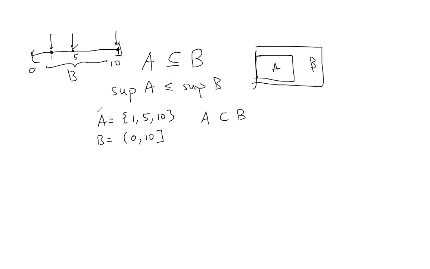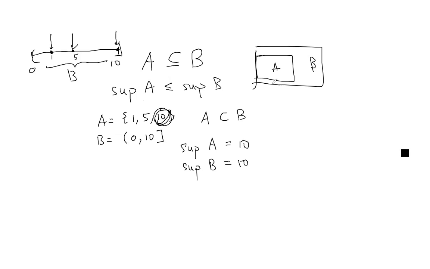So definitely A is inside B. In this case, sup A is equal to 10, and sup B is also equal to 10. Although A is much smaller than B, they both have the same supremum, because it depends on the right hand endpoint.